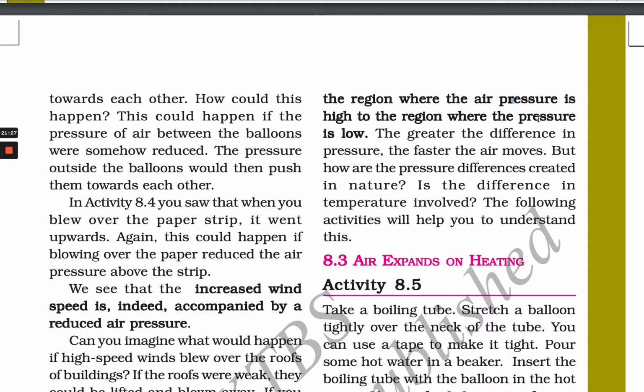The air moves from the region where the pressure is high to the region where the pressure is low. So when the hot air expands up, the cool air takes its place. So it's moving from a region of high pressure to the region where there is low pressure.